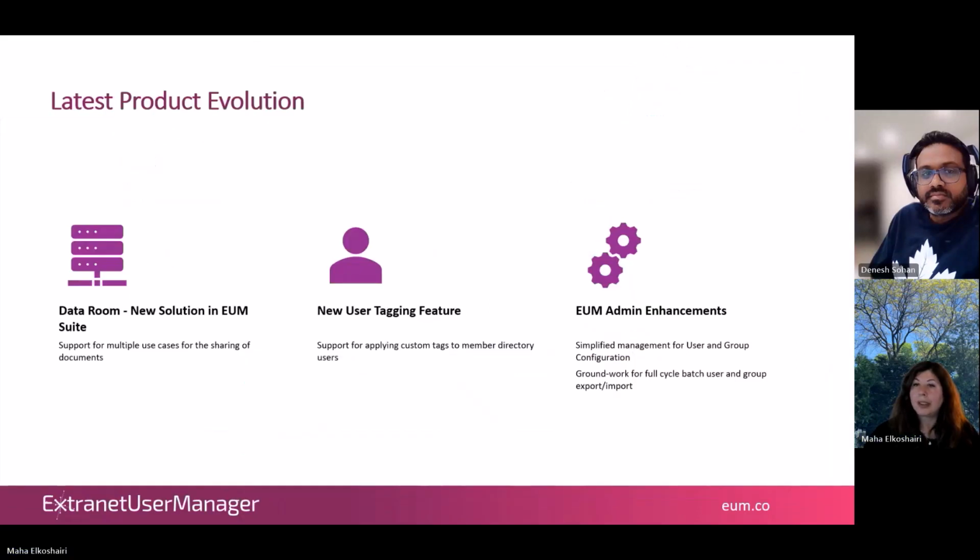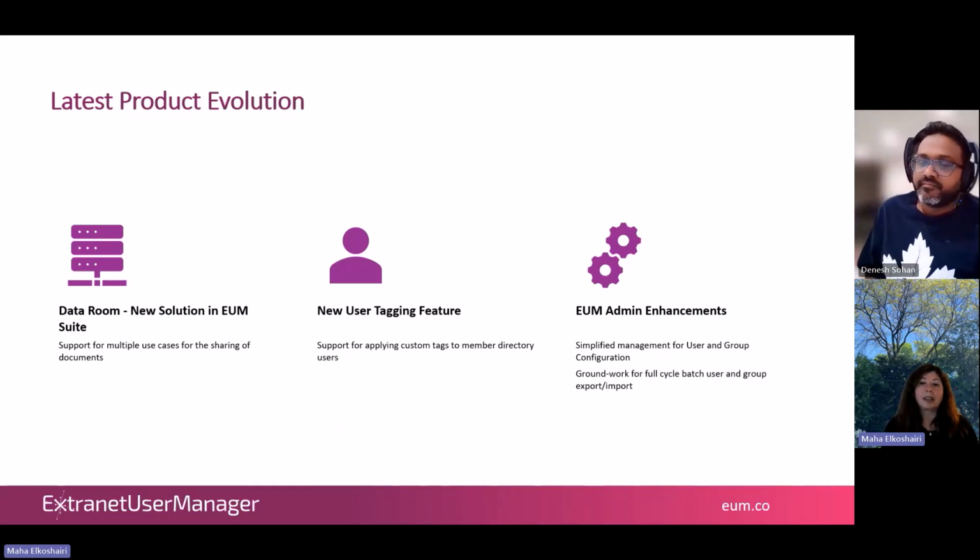Next up is the user tagging feature. So we've made the tagging of users possible through EUM admin, the administrative interface. We have, of course, for every client implementation, the tags can be completely customized.